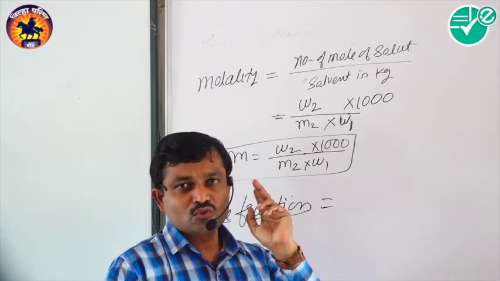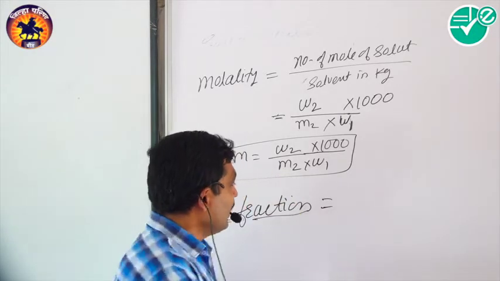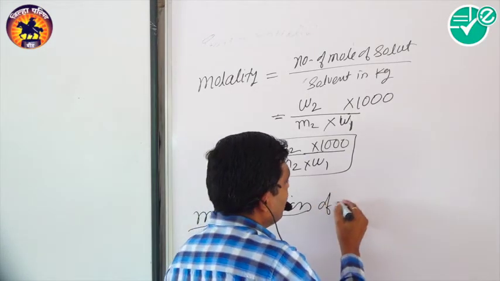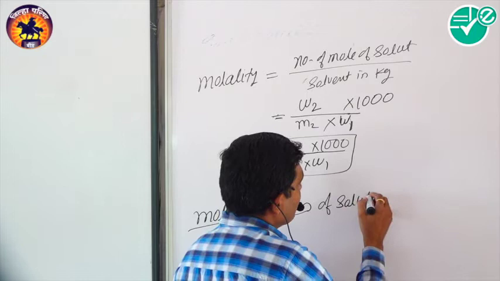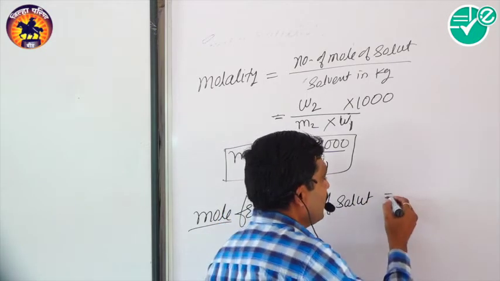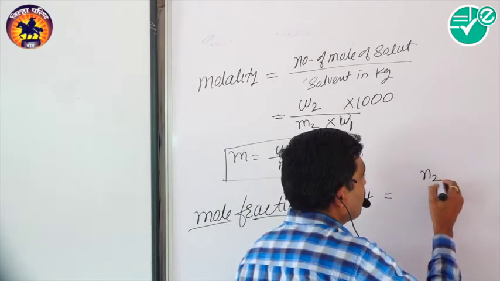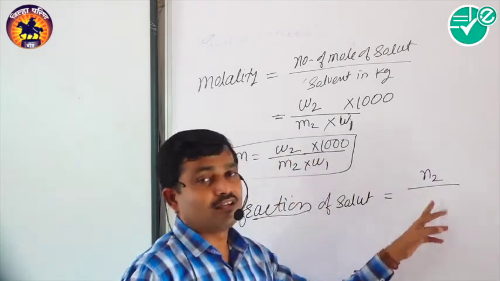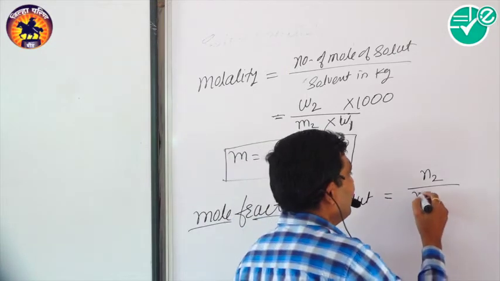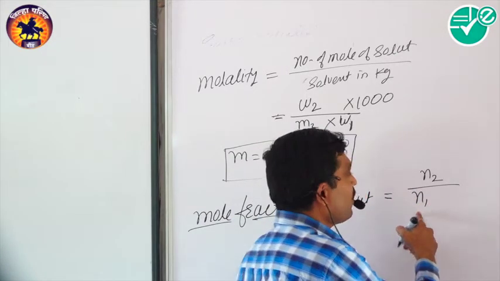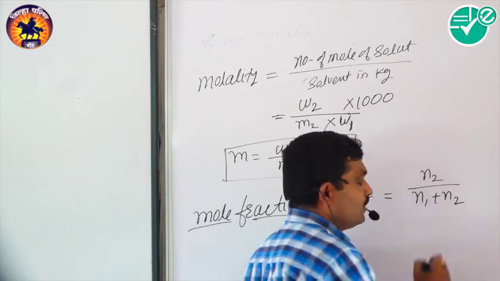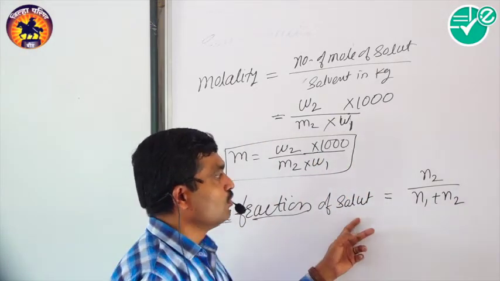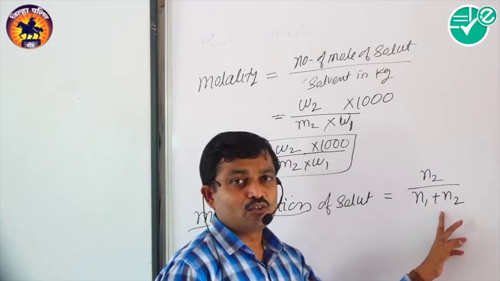Then the mole fraction of the solute is equal to the number of moles of the solute, n2, divided by the number of moles of the solvent plus the number of moles of the solute, so n2 divided by n1 plus n2.